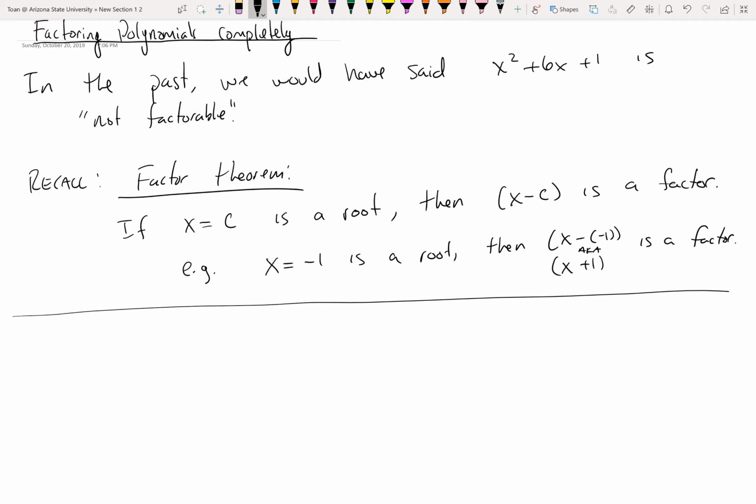So for example, suppose I ask you to factor completely, I don't know, x cubed minus x squared, or I guess I should write this as a function, factor f of x equals x cubed minus x squared plus x.